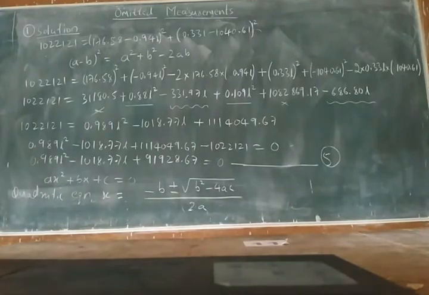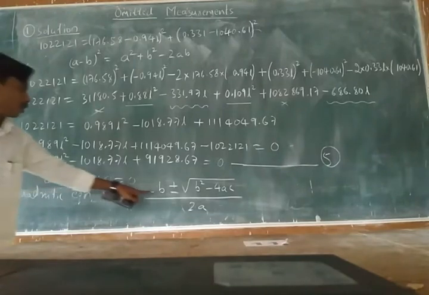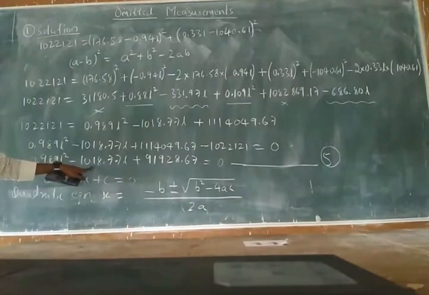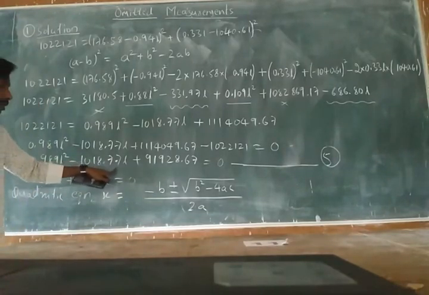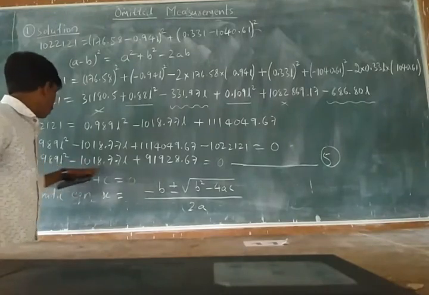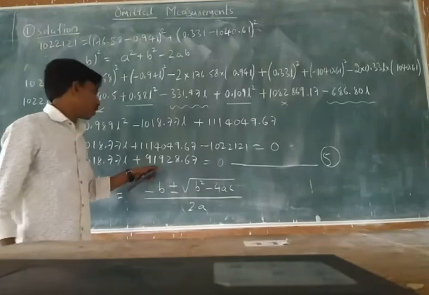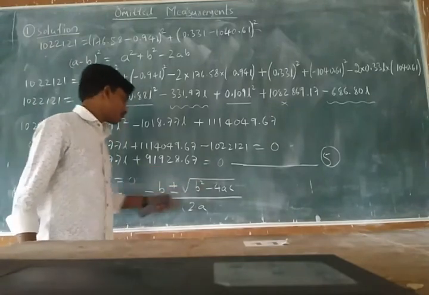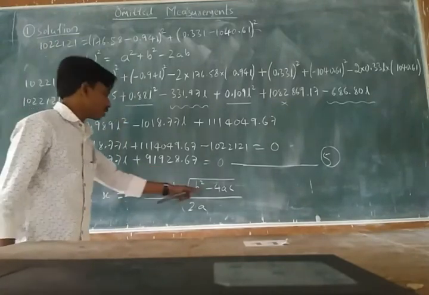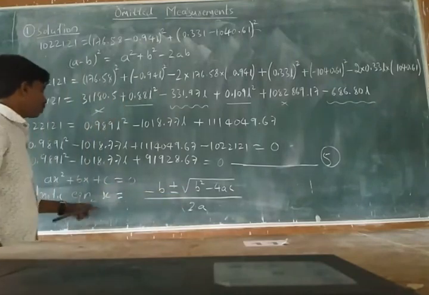Now we have to substitute the a value, b value and c value. Here you can see the b value: 1018.77 is the b value, and the a value is 0.989, and the c value is 91928.67. Just substitute all these things in this formula and we will get the value x.